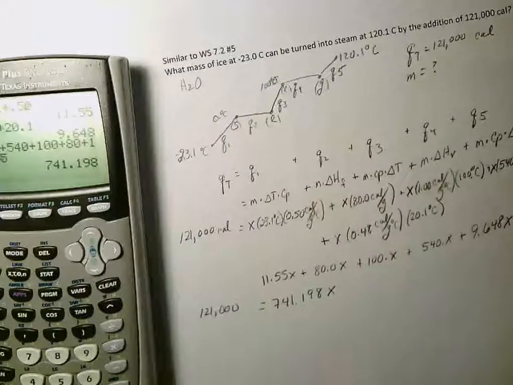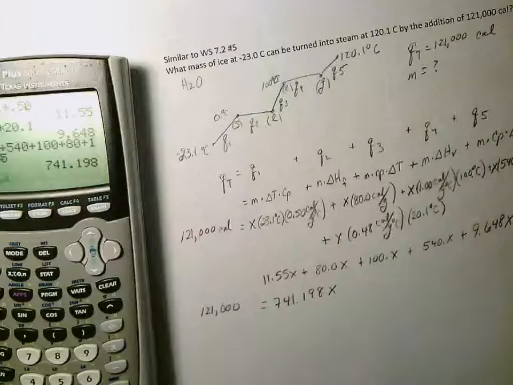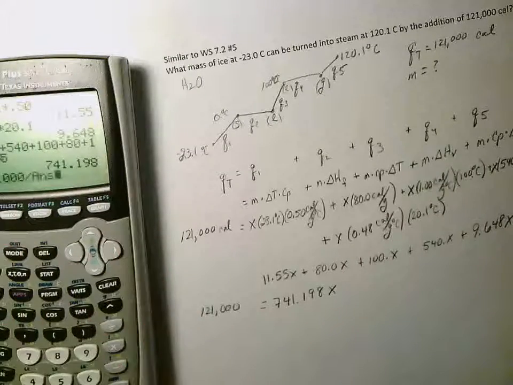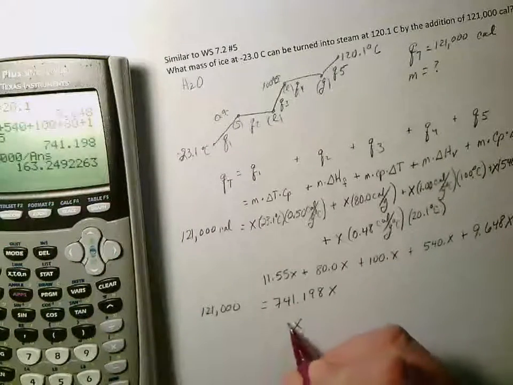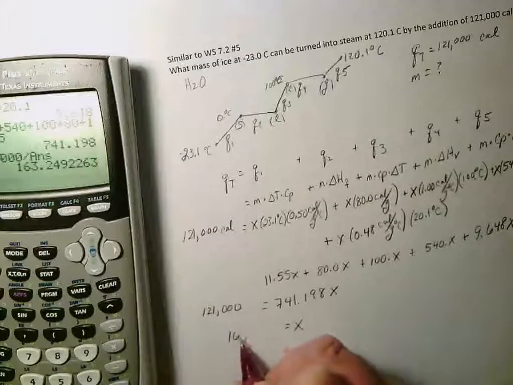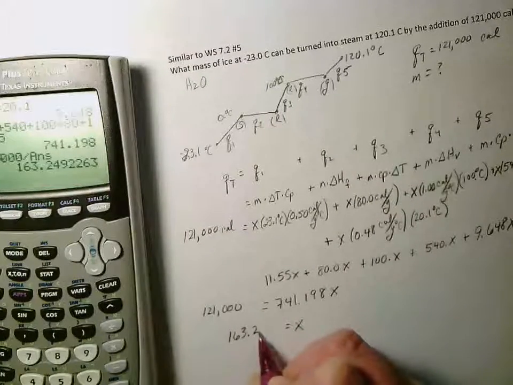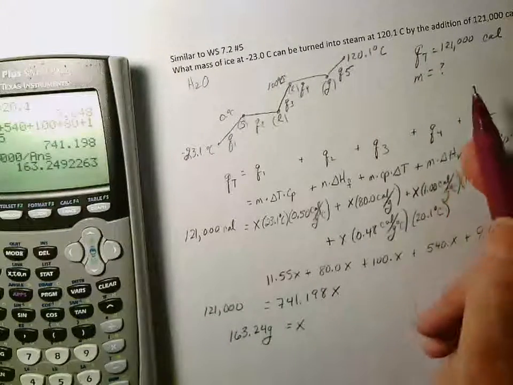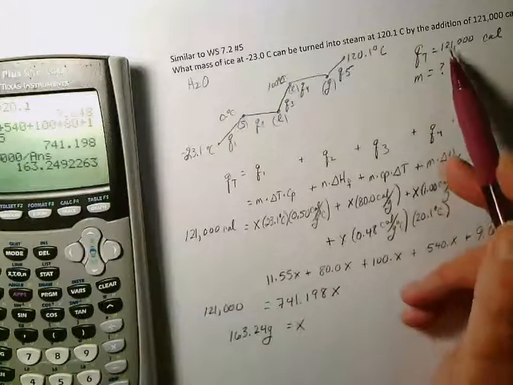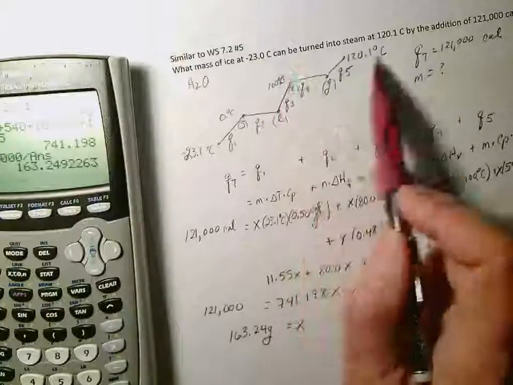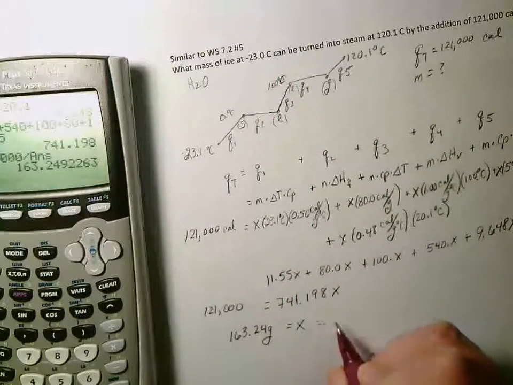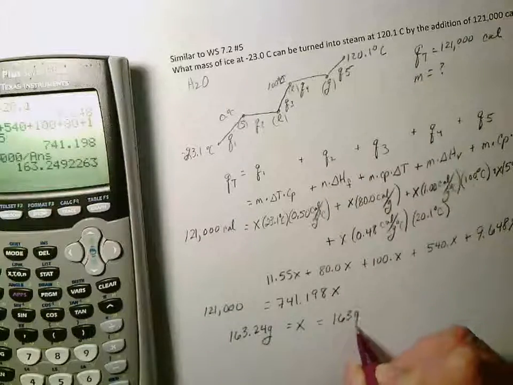So now I'm going to divide. So 121,000 divided by second answer equals, so x is going to equal 163.24 grams. And so based on my significant figures, I have 3 here, I have 3 there, I have 4 there, so I need 3 in my answer, so x is going to equal 163 grams.